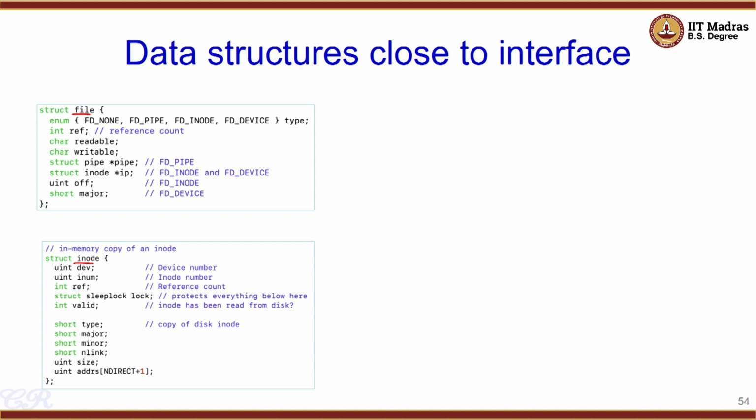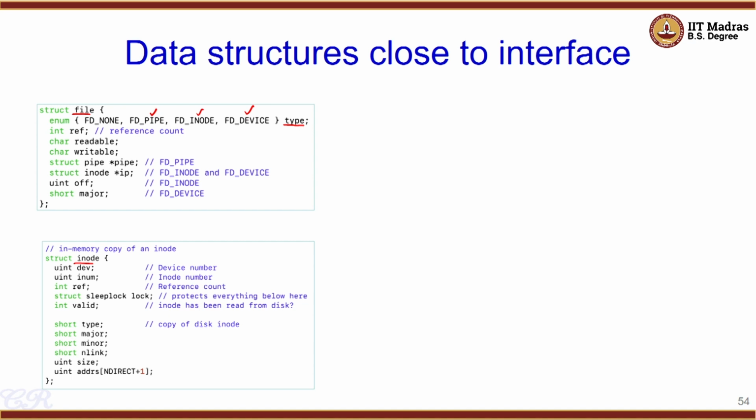Every time you create a file, you would have a pointer to one structure of this particular form, and notice that it has an entry called the type. The type could be either a pipe, an inode or a device. The reason for this is that, as we've discussed, the same system calls of open, read, and write could be used for peripheral devices or for inter-process communication like a pipe, or to read or write data to the hard disk.